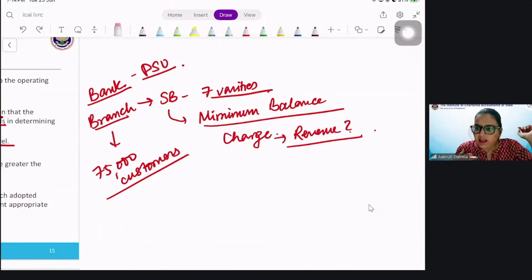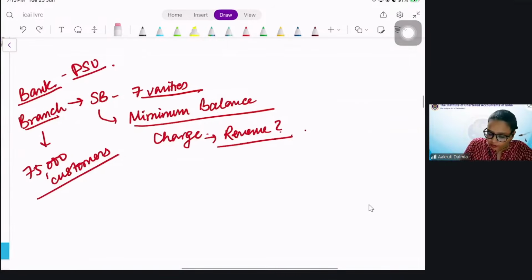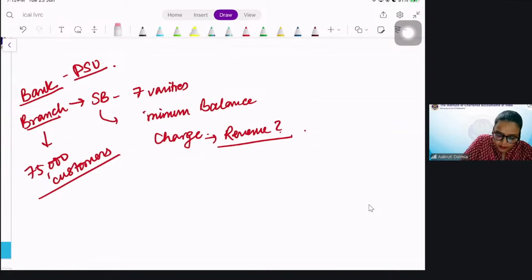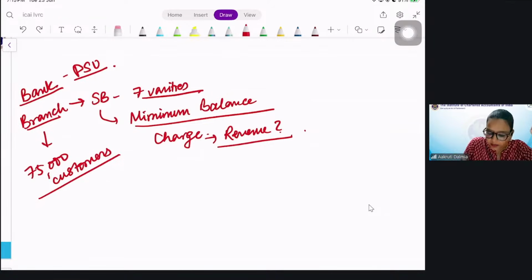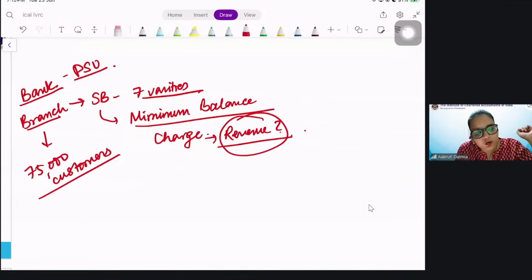So do you think that in my audit, I will have to rely on the effectiveness of internal control? Is this internal control important to the audit? Do you think these charges are important? Why is this important? Because it's a revenue item. Yes or no?